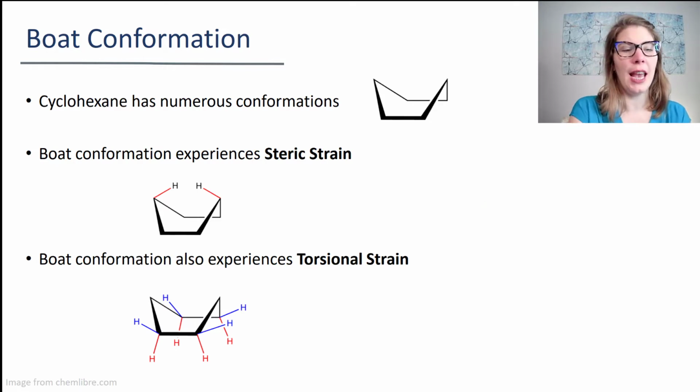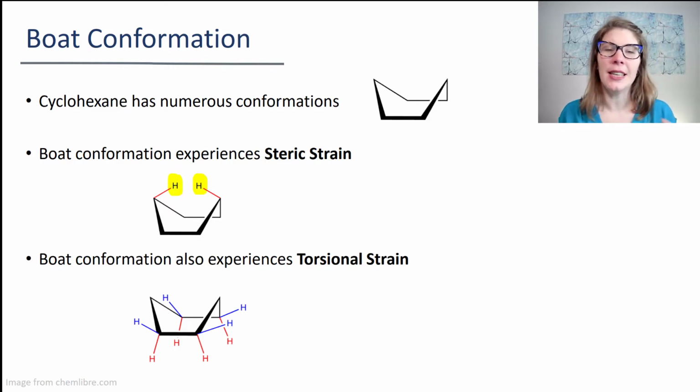And when we look at these hydrogens that I'm highlighting in yellow, these hydrogens have small electron clouds. Yes, if they were bromines or something that had more electrons, they'd have bigger electron clouds, but there's still electron clouds for those hydrogens. And those hydrogens, they're just getting too close to one another. And when they end up getting too close to one another, that is what steric strain is.